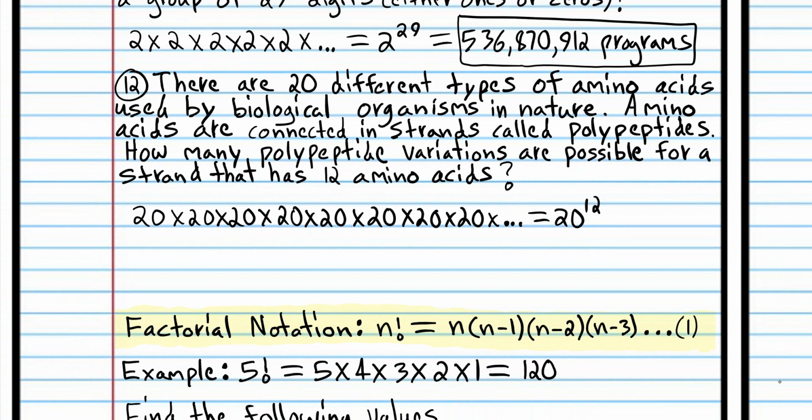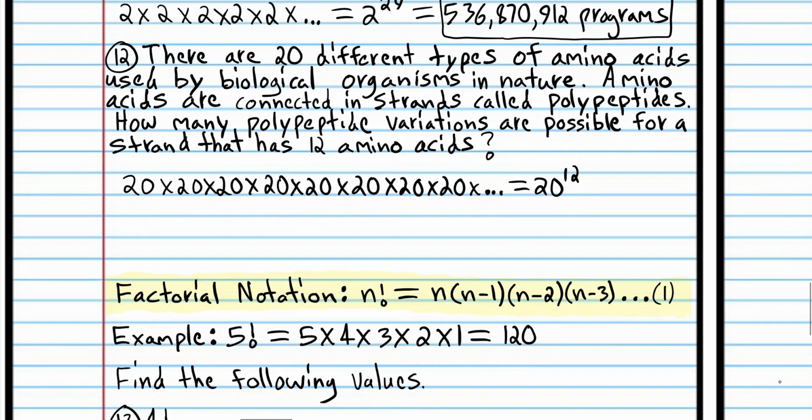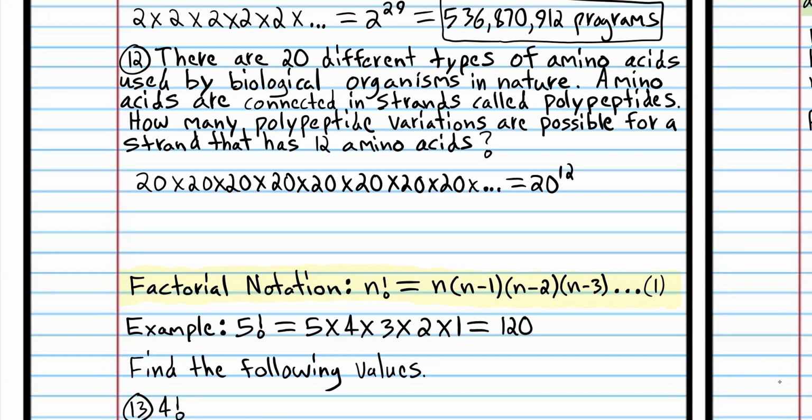And 20 to the 12th power looks like 4 quadrillion, 96 trillion, and we have 1, 2, 3, 4 groupings of 3 zeros.